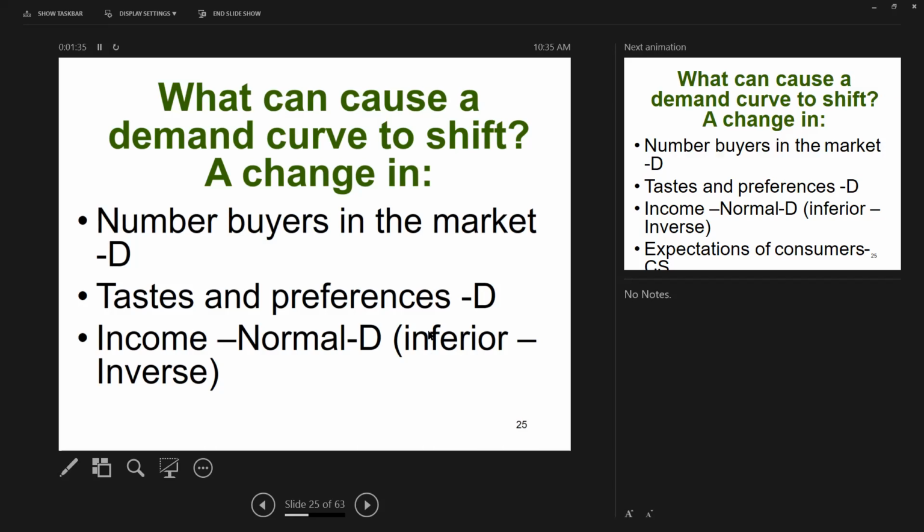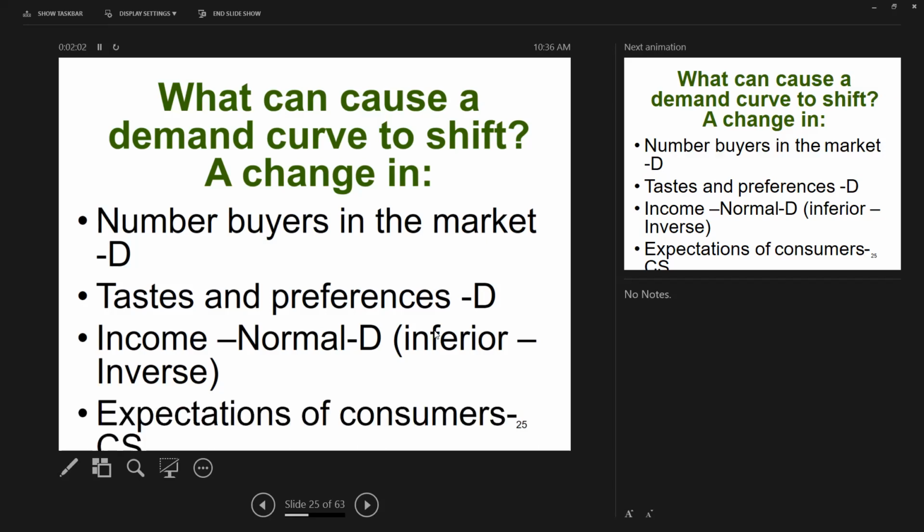Then when I got my first job, my income went up to $4,000 a month, and I stopped buying macaroni and cheese. So there's an inverse relationship between your income and an inferior good like macaroni and cheese. Your income goes up, your demand for macaroni and cheese decreases. We shift that demand curve to the left.